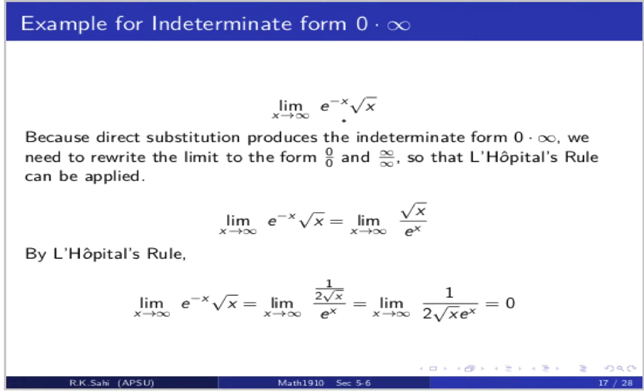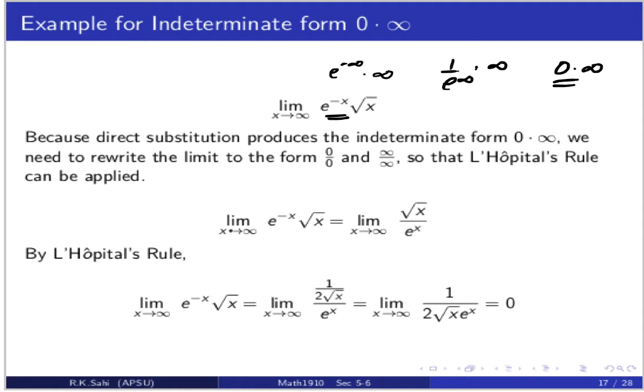When we look at it first, this means e to the power negative infinity, and times infinity. e to the power negative infinity is 1 over e to the power infinity, times infinity, which is 1 over a very big number, basically 0 times infinity. Now, how can I rewrite this expression so that I get the form either 0 by 0 or infinity by infinity?